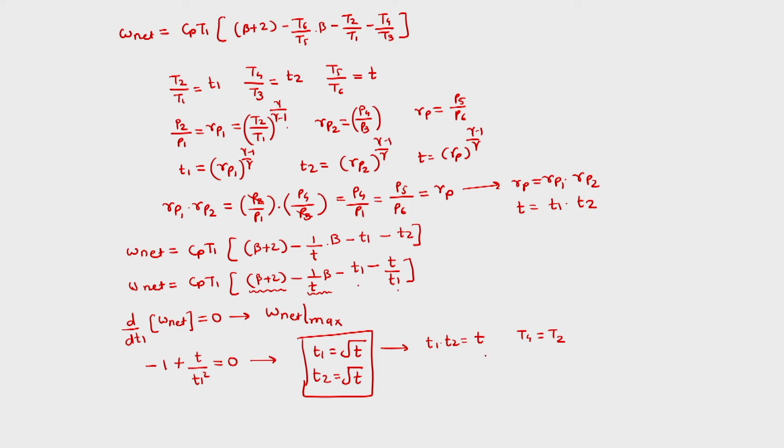We should also know one thing: W low pressure compressor is Cp into T2 minus T1. W high pressure compressor is Cp into T4 minus T3, but T4 is equal to T2, so Cp into T2 minus T1. So W low pressure compressor is equal to W high pressure compressor. So if we want to maximize the W net, then we get a constraint that both the compressors should have the same work input.